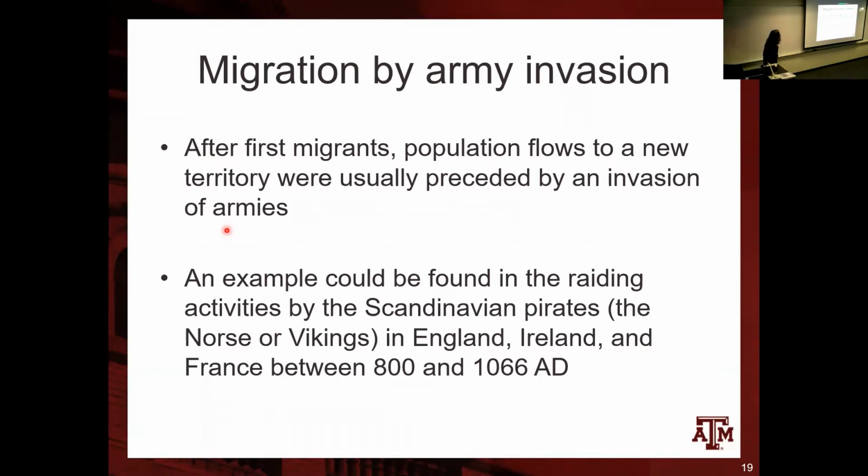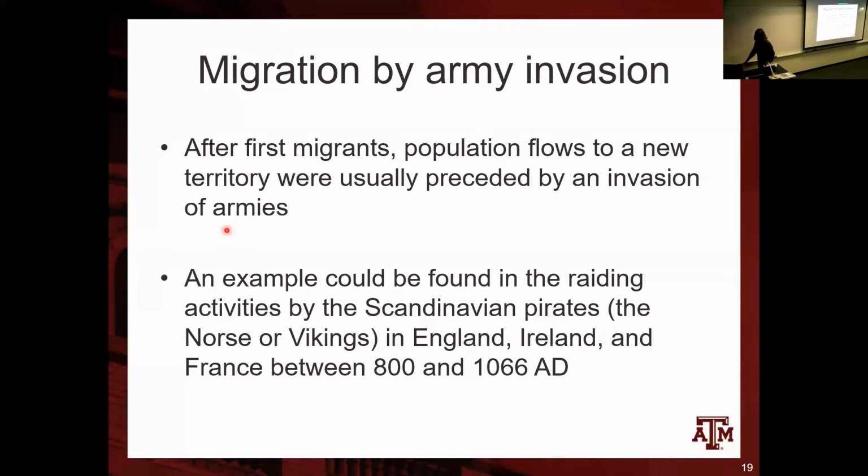After the first migrants, population flows to a new territory were usually preceded by an invasion of armies. So we know all these different histories of wars among ancient populations, and we can see expansion and then wars among these different groups.